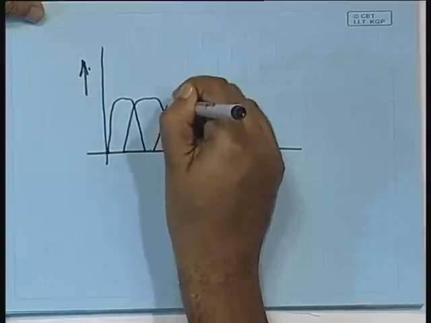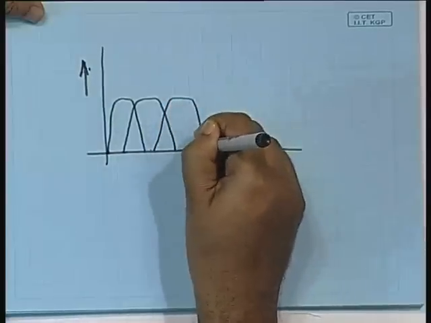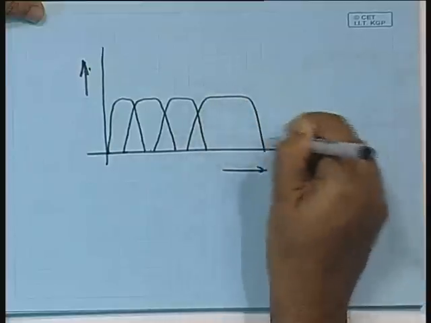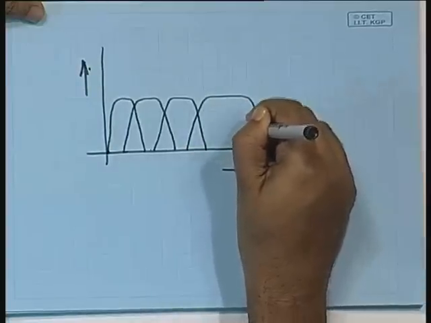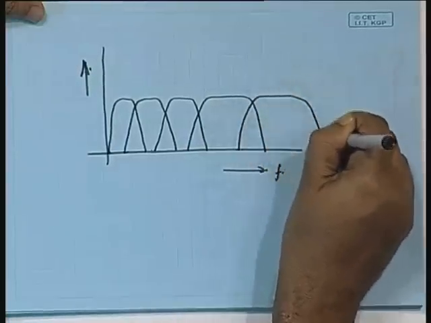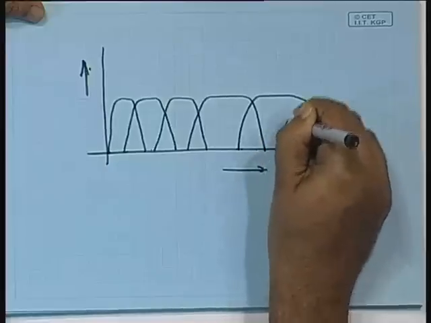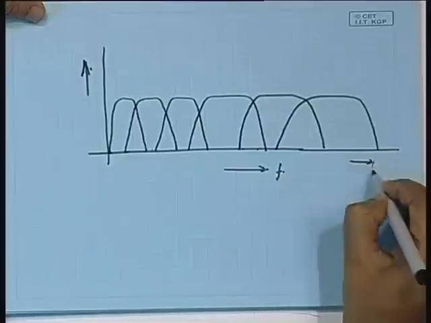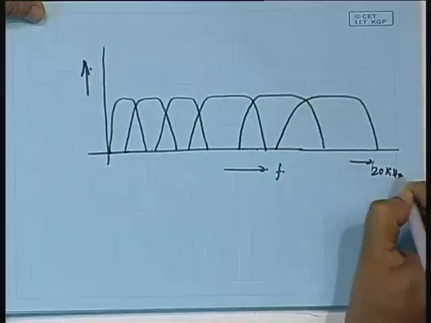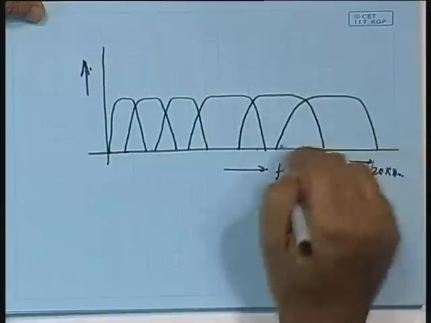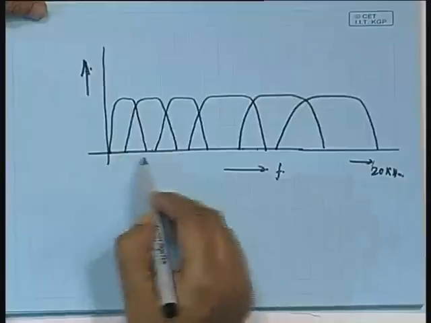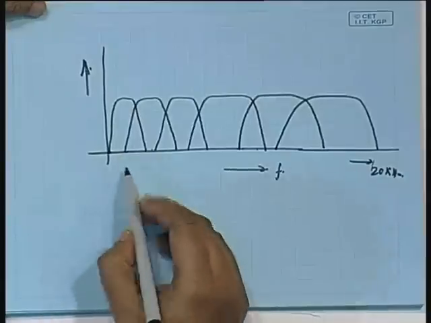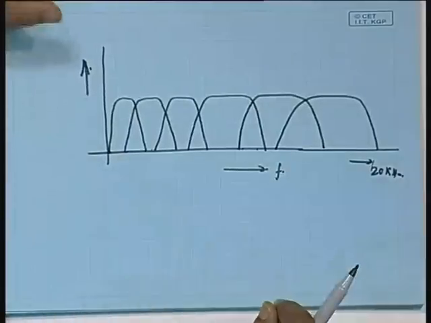Initially it would be like this, but as we go to higher frequencies, the bandwidth gets wider and wider, up to 20 kilohertz. On the higher side we have wider bandwidth, and on the lower frequency side we have 50 to 100 hertz of bandwidth.